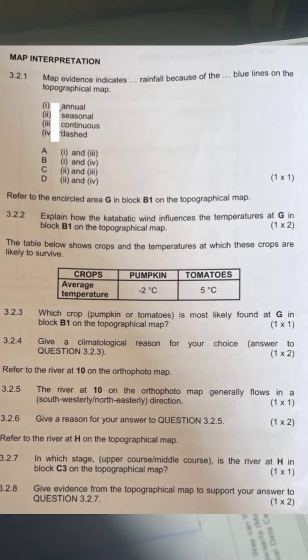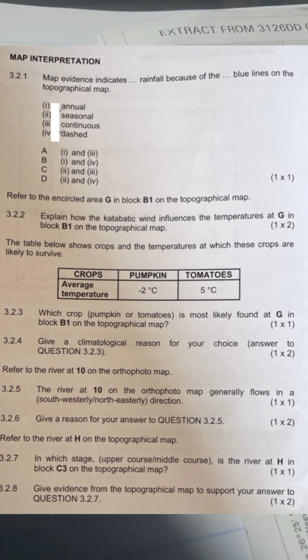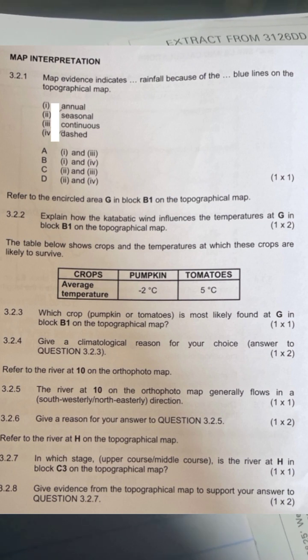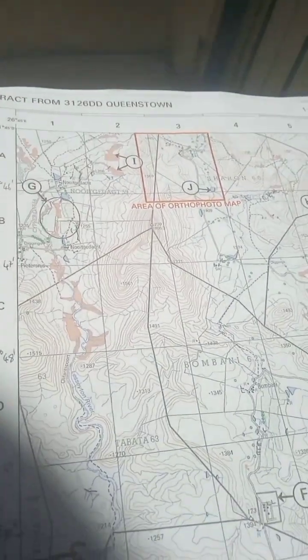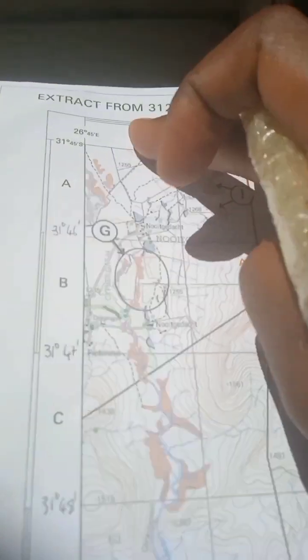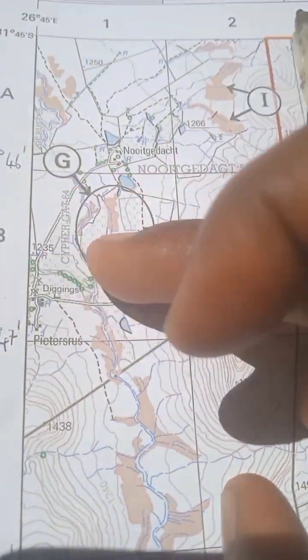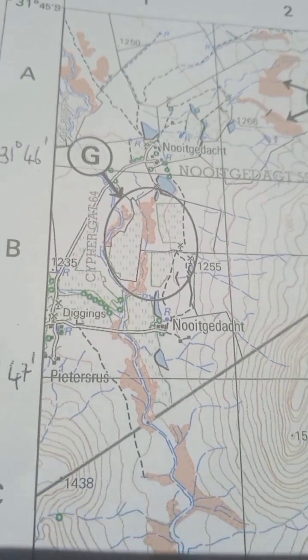Before we head there, they say refer to the encircled area G in block B1 on the topographical map. So let's look at the map in block B1. So this is block B1, and this is the encircled G. This is what we're looking at here.